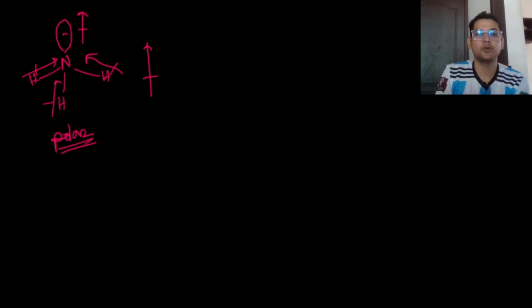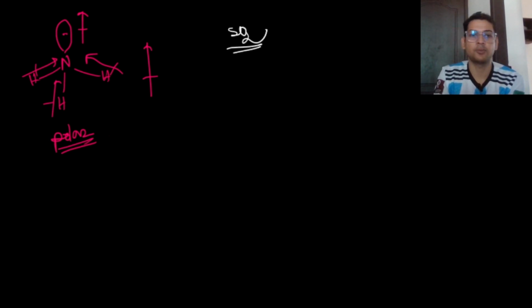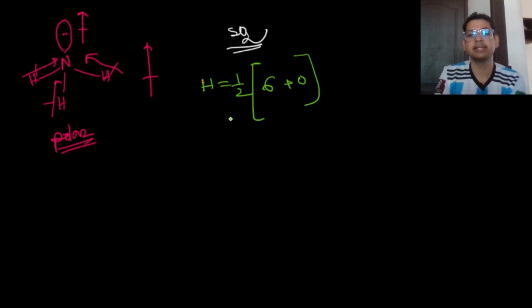But sir, I don't know the structure of SO2, so I cannot say if it is polar or non-polar. Okay, if you don't know, no problem. Calculate H equal to half of sulfur is from group 16, so valence electron is 6, plus oxygen I cannot take anything, said 0.